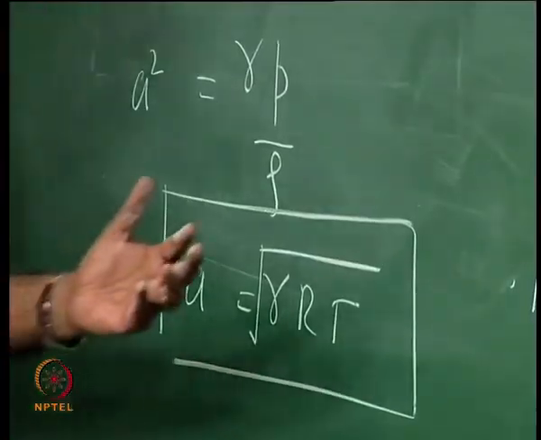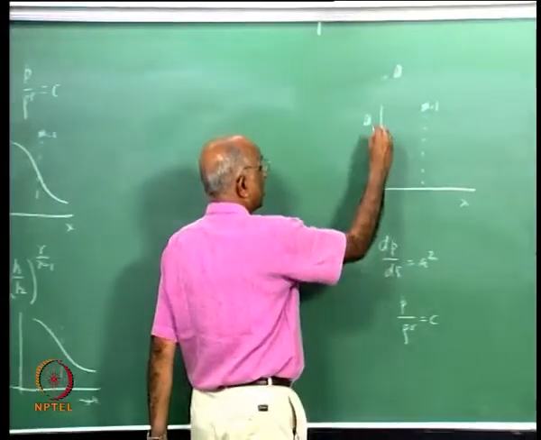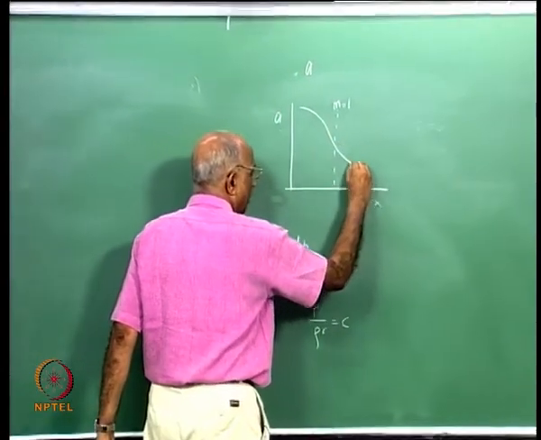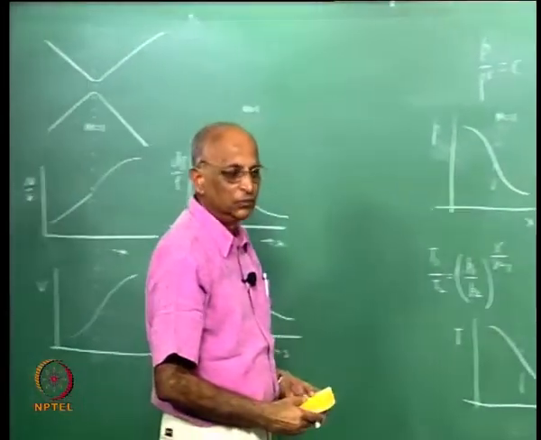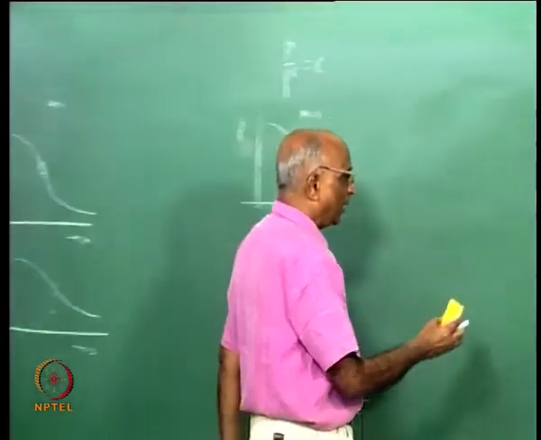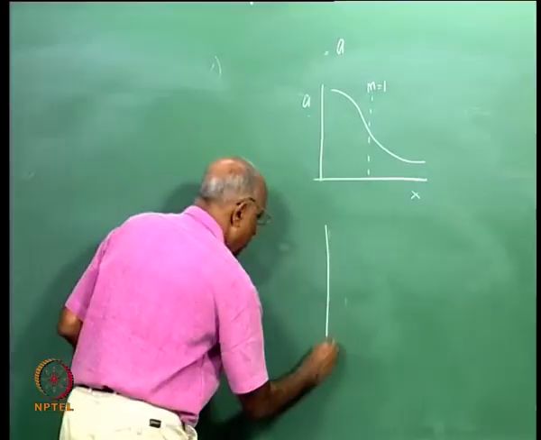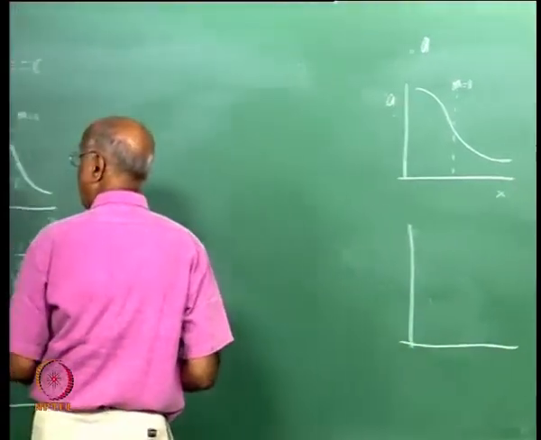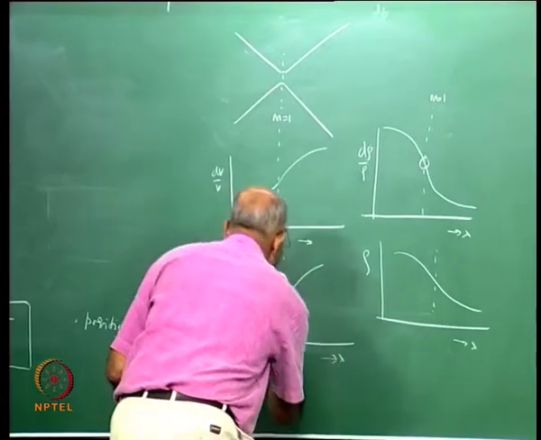Therefore what do I find for sound speed variation? The sound speed starts at a high value and it keeps coming down like this. One last parameter I can still think of is the Mach number variation along x. I know the velocity variation which I had over here, velocity changes along x in this particular form.